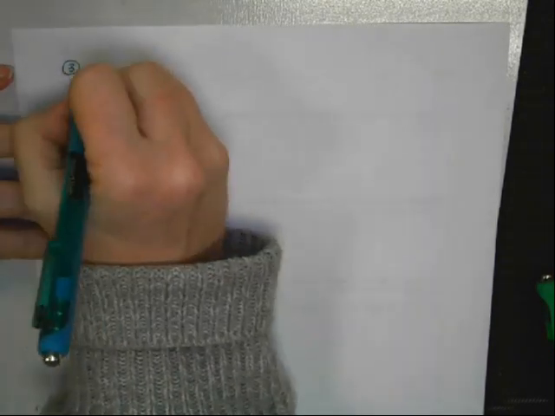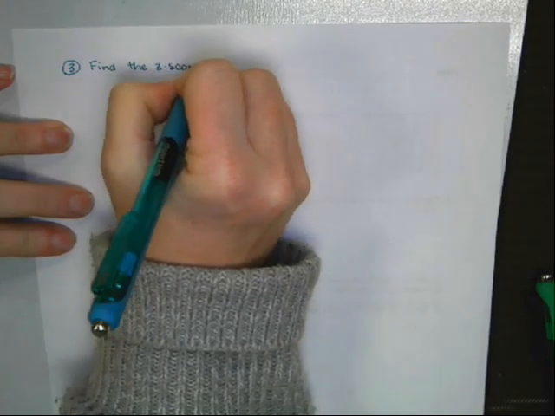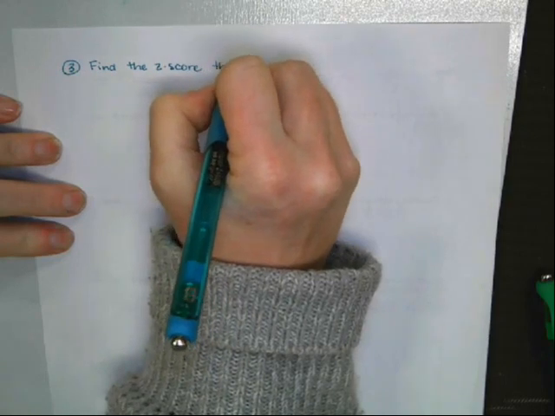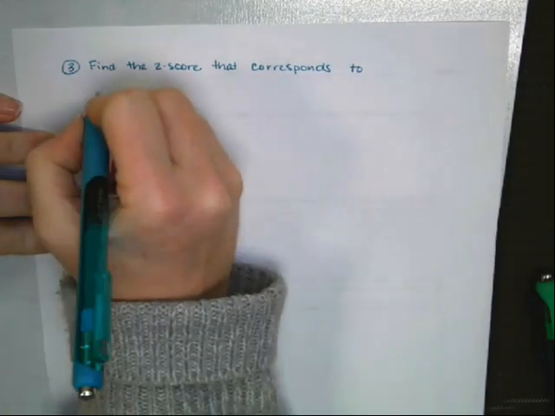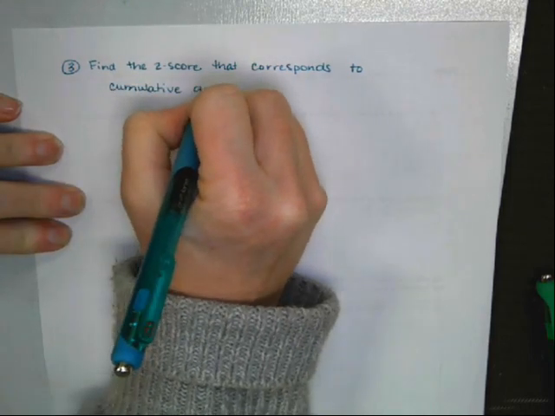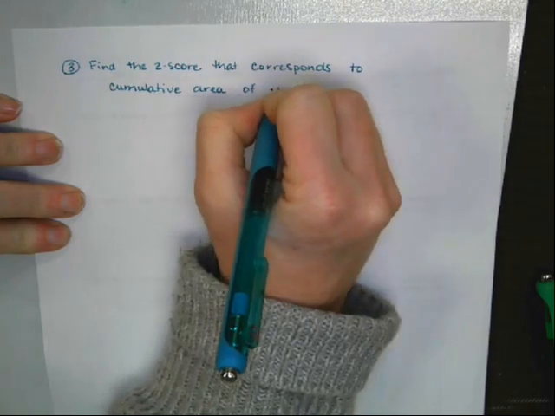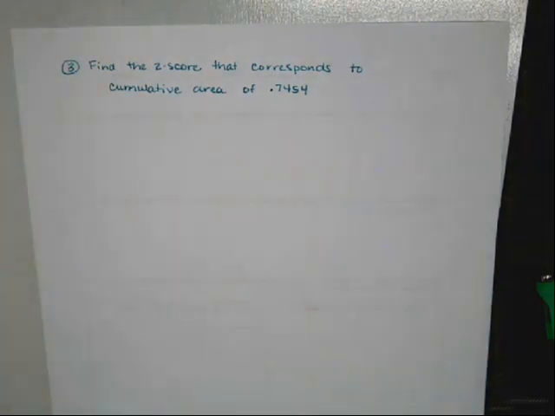Using the Z table, we're going to use our calculator. Alright, so find the z-score that corresponds to the cumulative area, 0.7454.